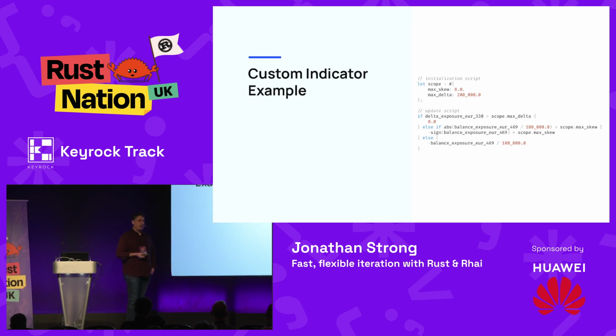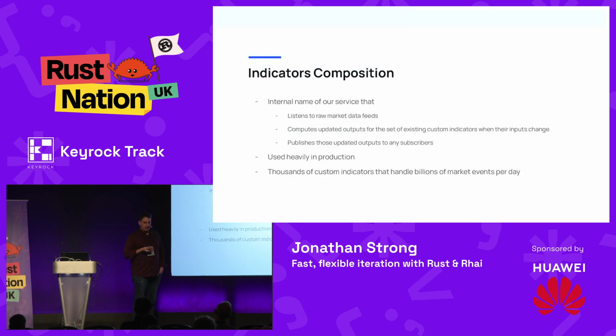There are obviously conventions that we use in naming these things, and any of the indicators that exist in the system can be used to compose another indicator that's the result of the execution of this script, and it's updated whenever new data comes in that it subscribes to. We have a service that handles this called indicators composition. It listens to the data.